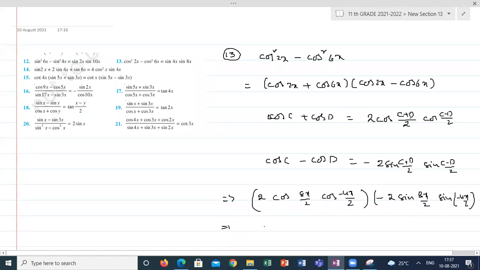This will be 2 cos 4x, cos of minus value is plus only. This will be minus 2 sin 4x, sin of minus 2x.